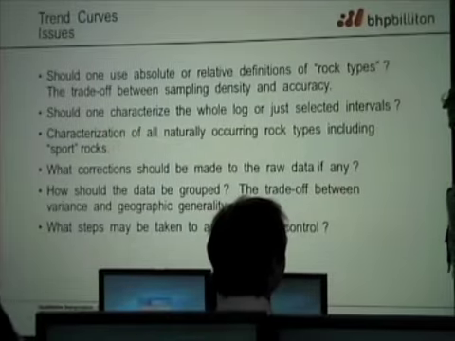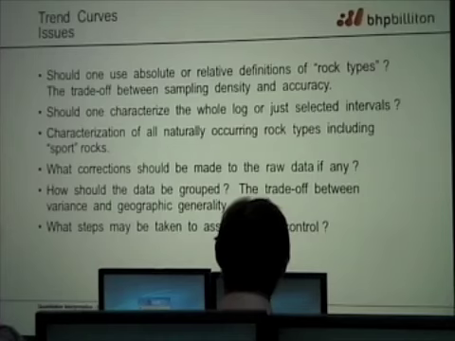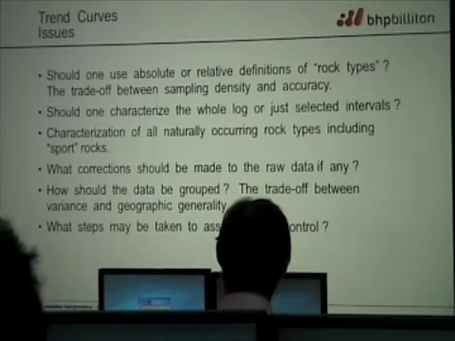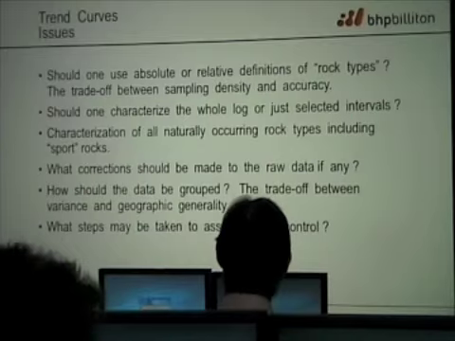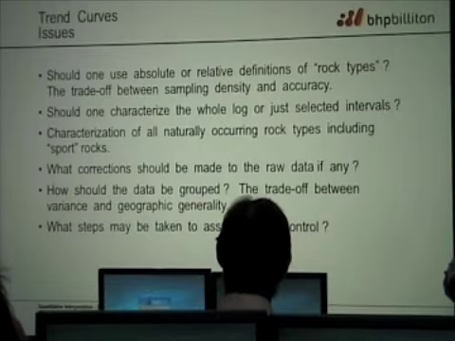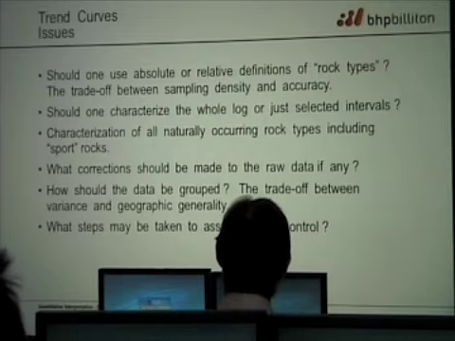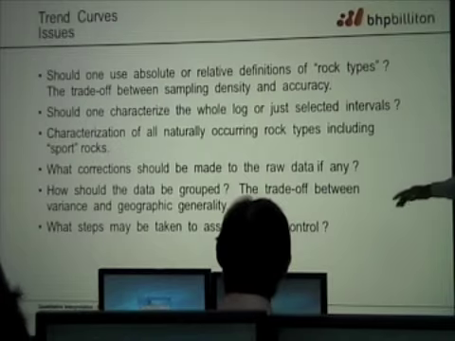Okay, here are some other issues. Should one use absolute or relative definitions of quote rock types, unquote? And I should have put this in parentheses, a trade-off between sampling density and accuracy. Should one characterize the whole log or just selected intervals? Characterization of all naturally occurring rock types, including spot rocks, we've talked about that, I just repeated myself here.